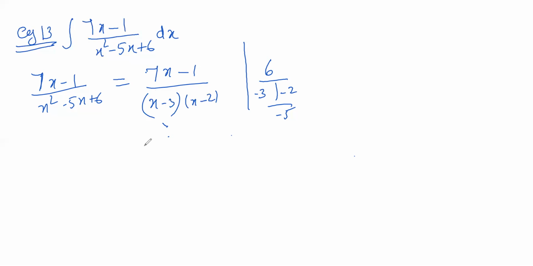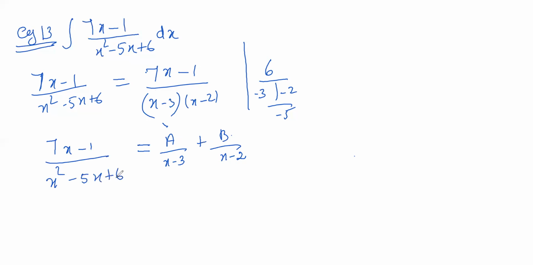Isn't it? So we'll write this one as a by x minus 3 plus b by x minus 2. Taking this one as 1. Now I want to find the values of a and b.